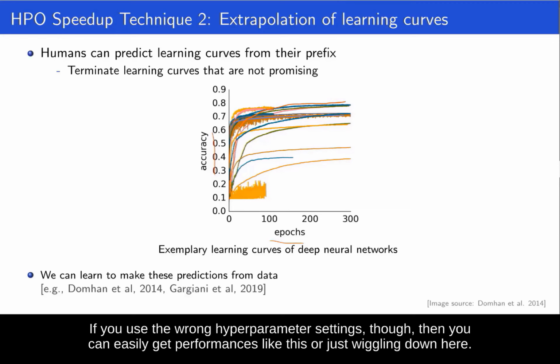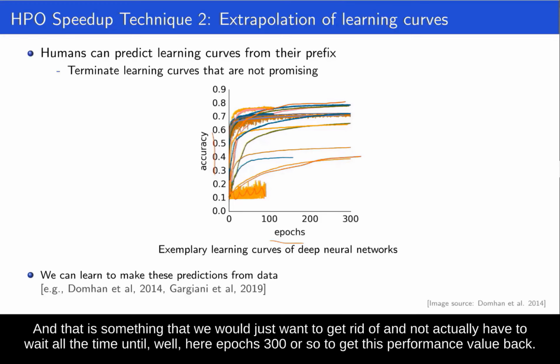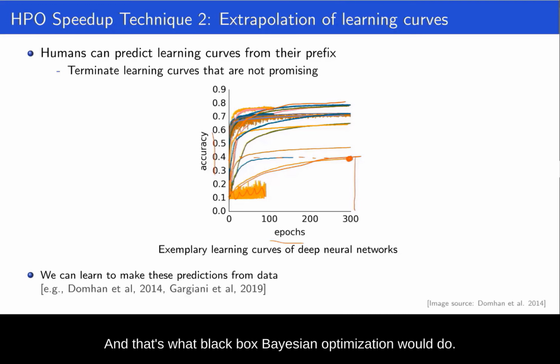If you use the wrong hyperparameter settings, though, then you can easily get performances like this or just wiggling down here. And that is something that we would want to get rid of and not have to wait all the time until, here, epoch 300 or so to get this performance value back.